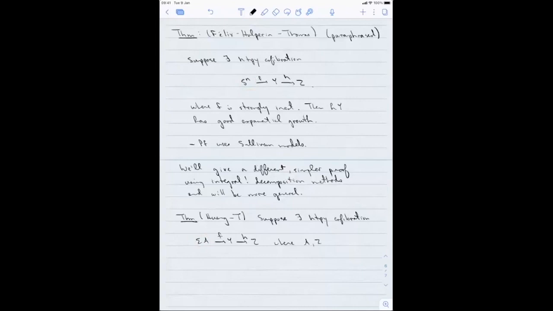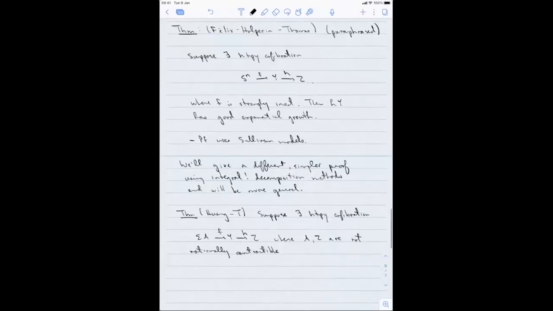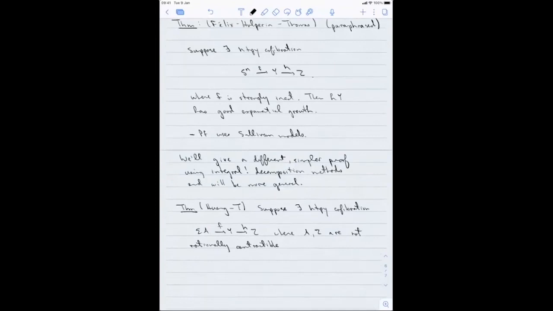We're going to assume that A and Z are not rationally contractible, so it doesn't degenerate rationally to some sort of trivial fibration. So they're not rationally contractible, and assuming F is strongly inert, then the free loop space on Y has rational homology which has good exponential growth.